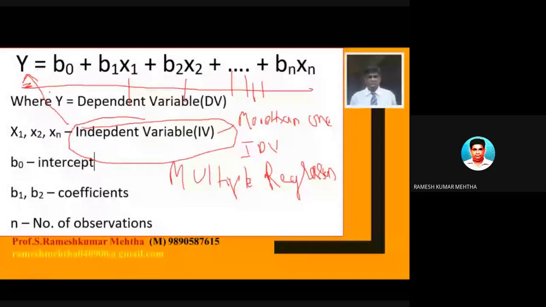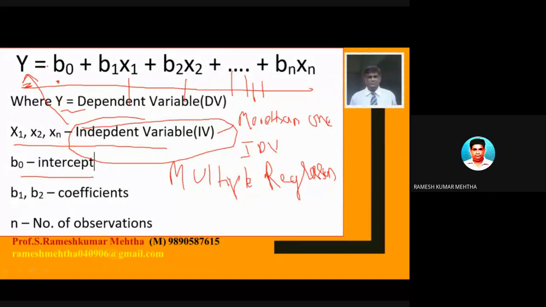Y is equal to the dependent variable. You are going to find out the value of the dependent variable by using all the independent variables x1, x2, x3, x4 and so on up to xn, and we will find out the intercept. I will not go into the details of the intercept because these calculations I am going to do in the forthcoming slides.